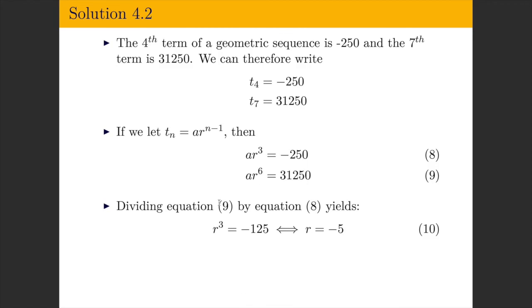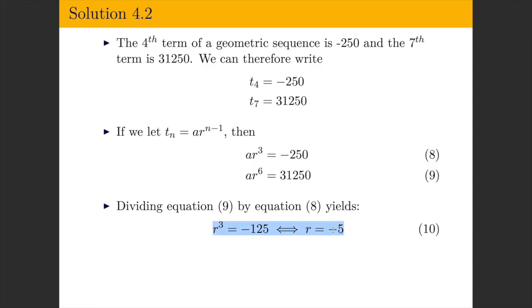If we divide equation 9 by equation 8, on one side we get Ar to the power of 6 over Ar to the power of 3, which simplifies down to r cubed. On the other side, 31,250 divided by -250 gives us -125.